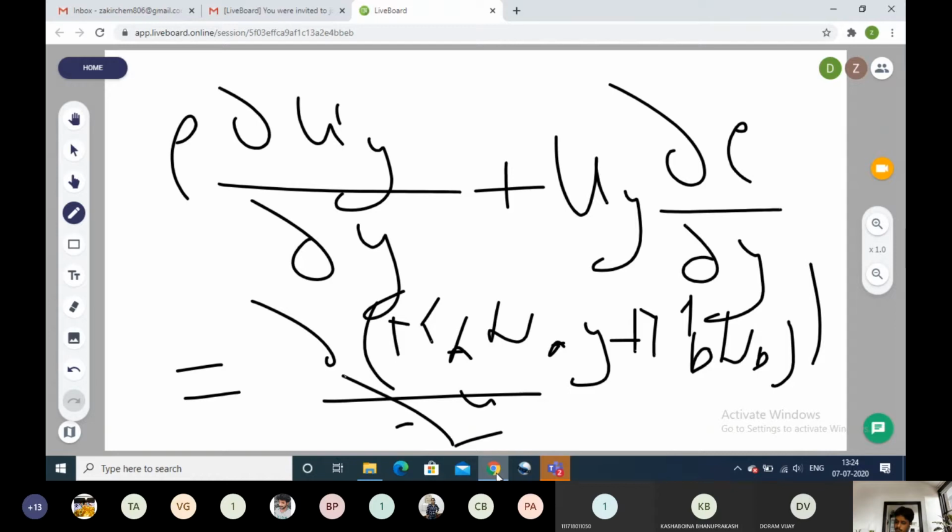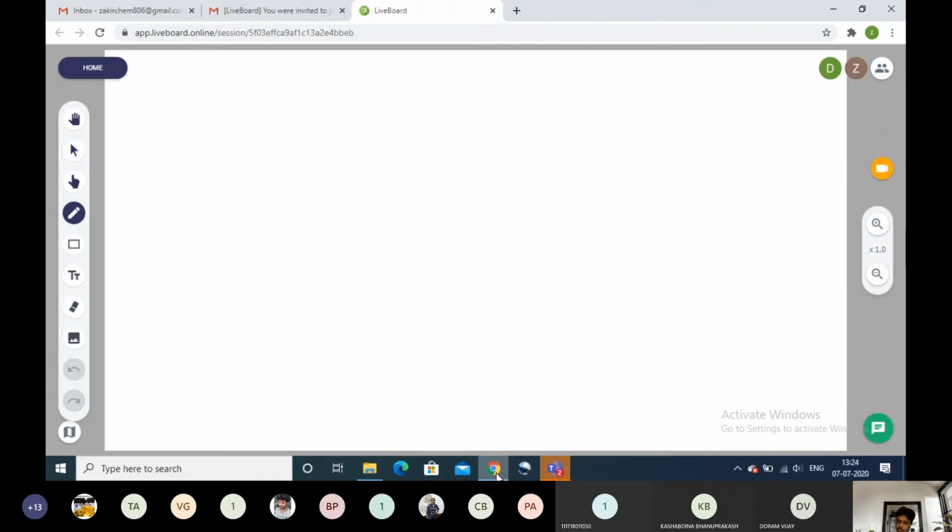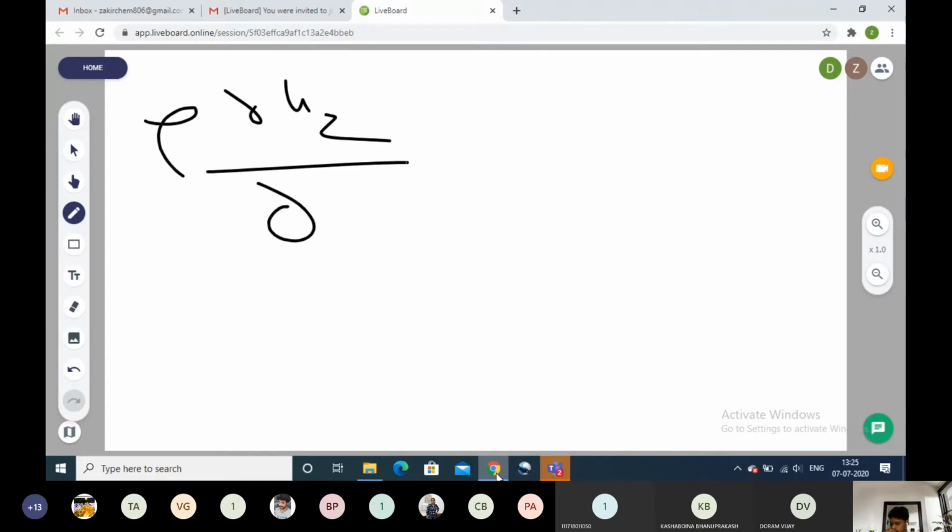Similarly for the next, the z component, the same thing. We have to differentiate equation 20. Similarly from variable separable, it is rho. The first variable we will keep outside and the next variable we will differentiate.